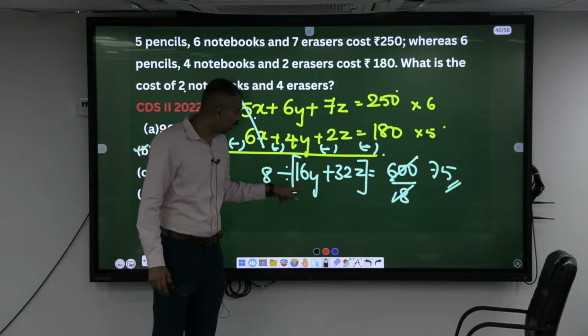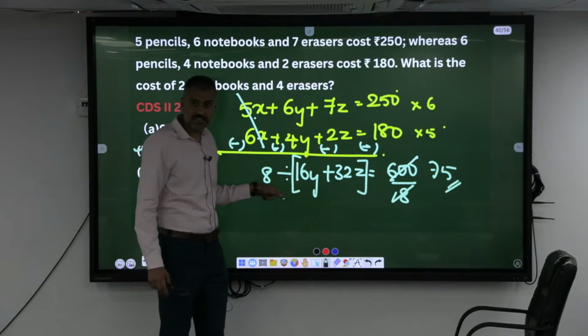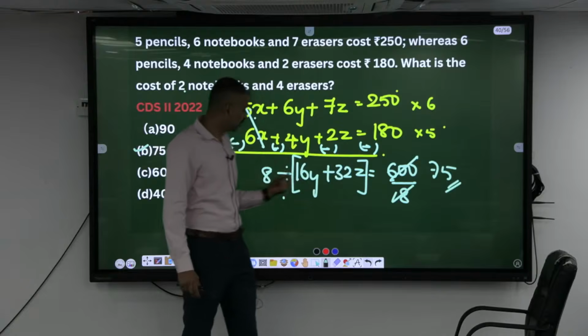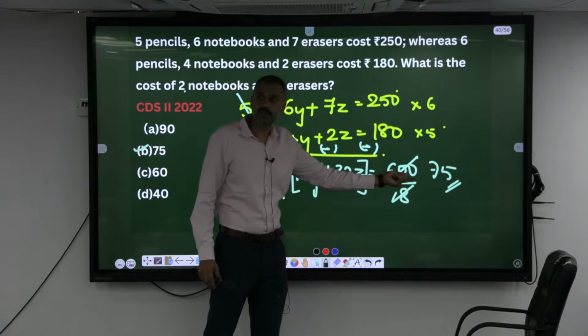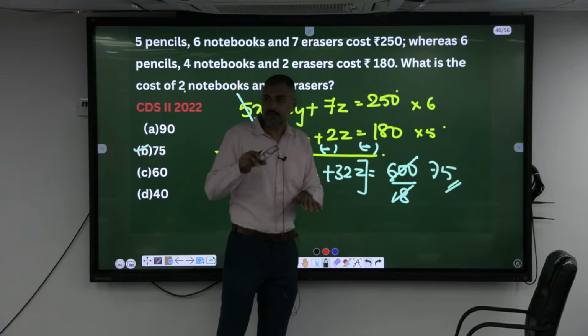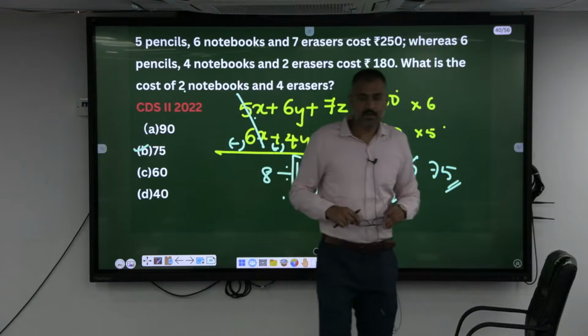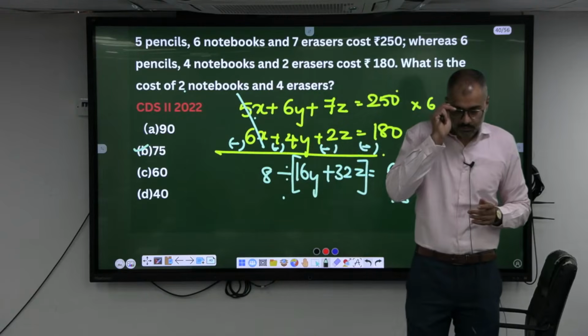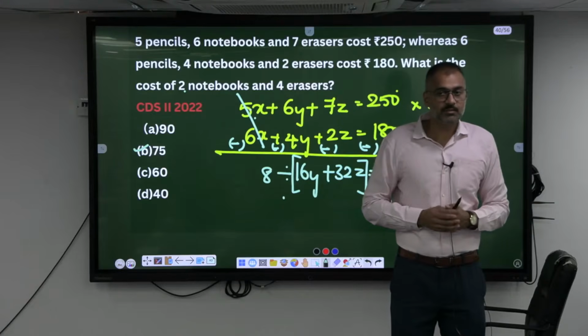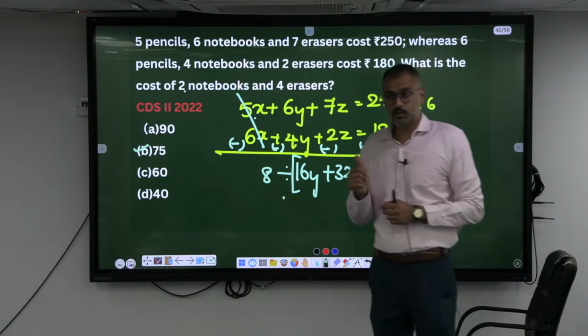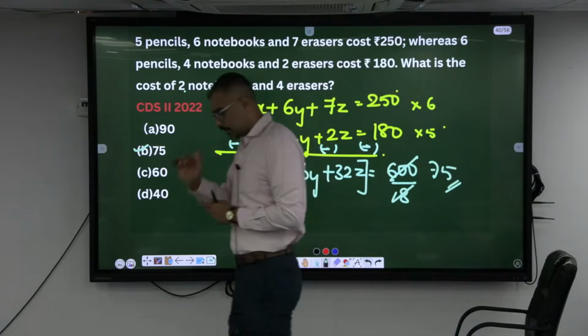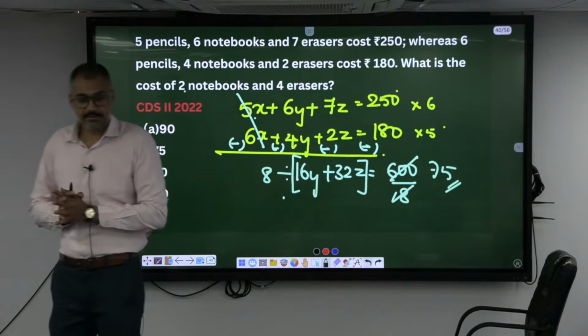But here if you are multiplying the efficiency, this will get divided. If this is divided by 8, this will be multiplied by 8 because efficiency and time are inverse to each other. Here it is directly proportional. The more pencils you purchase, the more money you have to pay. If you are hiring more people, less time will be taken.